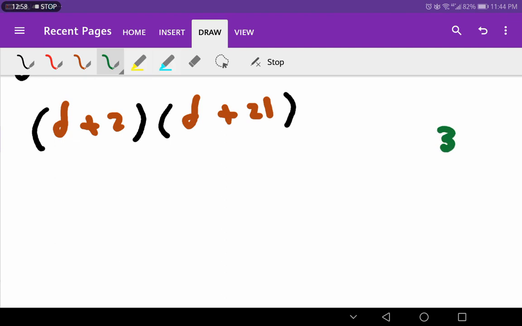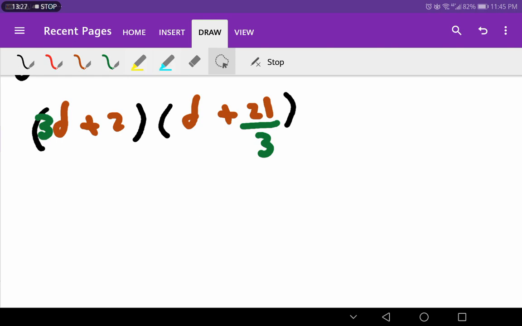So take the 3 copy as you learned before. I will take this copy and put it under the 2 or under the 21. You tell me. Which is good? Yes, it is here. Here is better, yes? So it is divided by 21. And because of that, I have to write the 3 here.